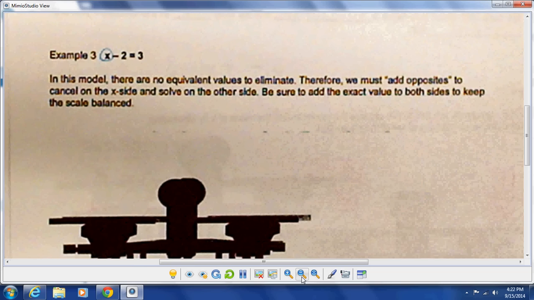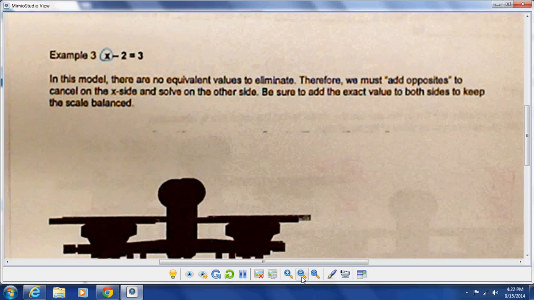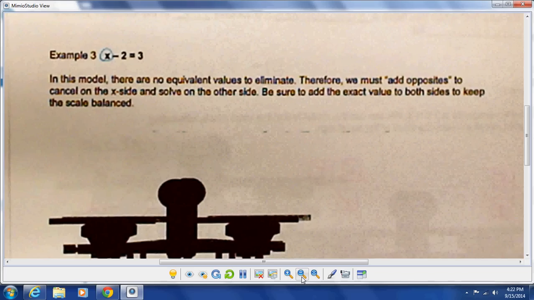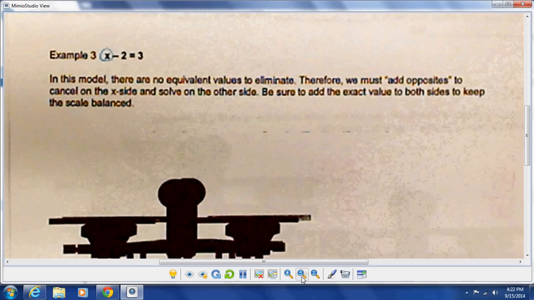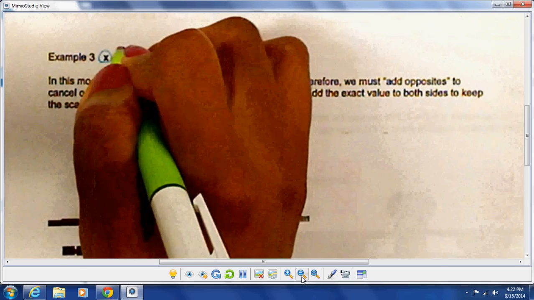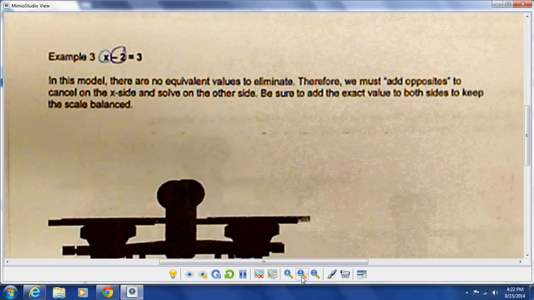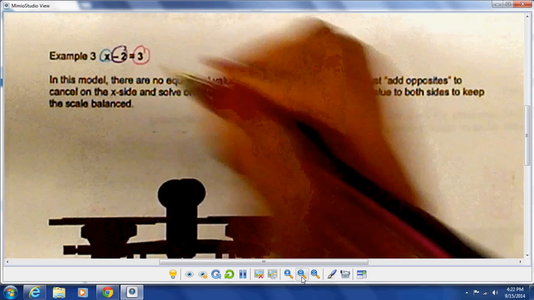But this time I have a negative variable. So I'm going to do my negative variables in my purple, which I seem to have in place right now. And remember, all my positives were in pink.